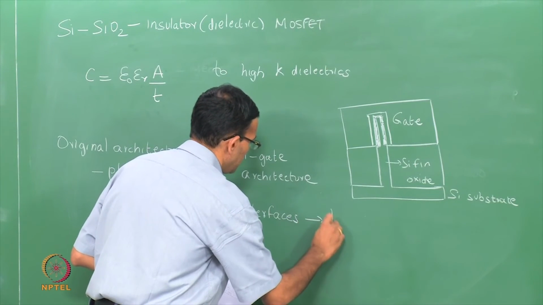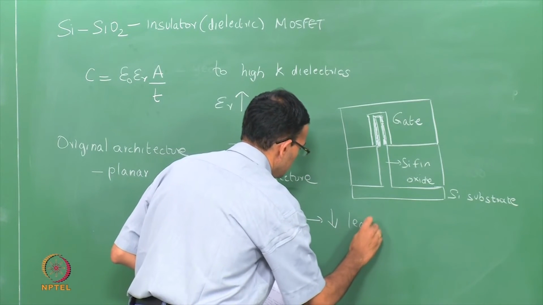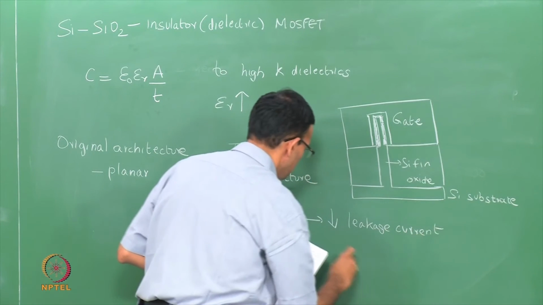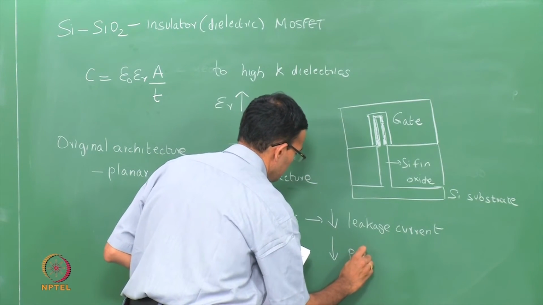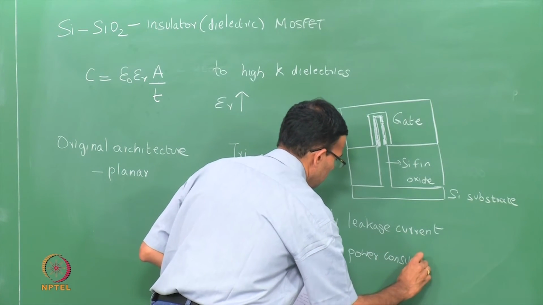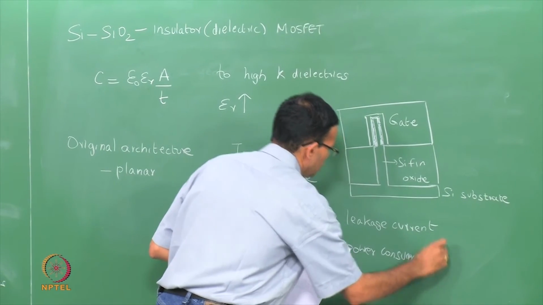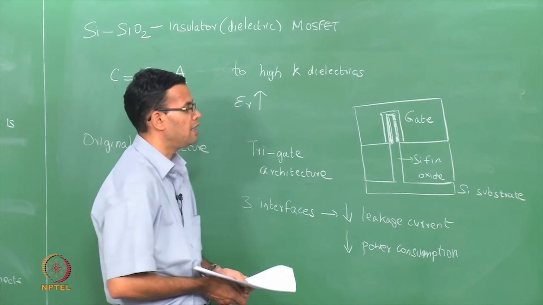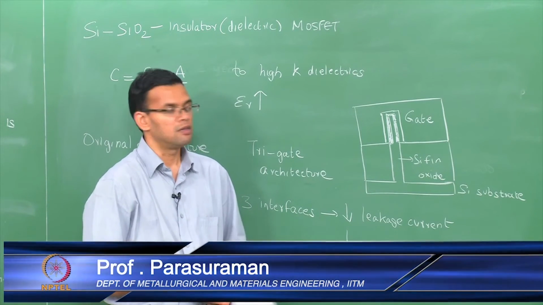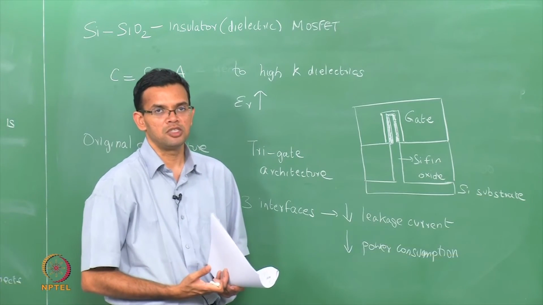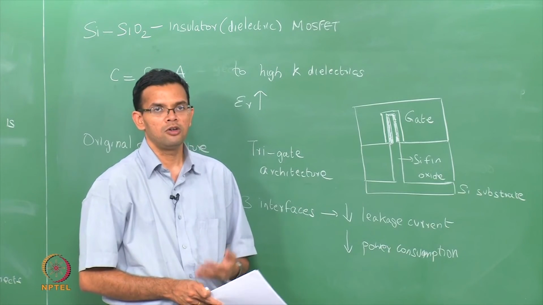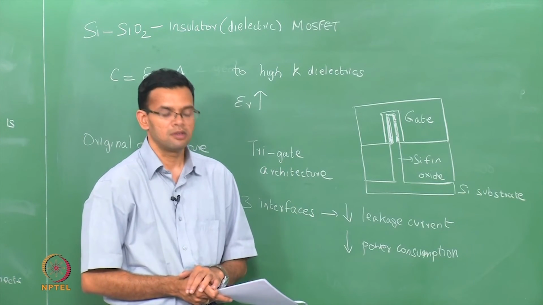So, this reduces the leakage current in the device and correspondingly also reduces power consumption. This becomes very critical when you are looking at devices, for example chips for mobile phones or other tablets where power consumption is very critical. So, in that case you have process improvements in order to help make your devices better.